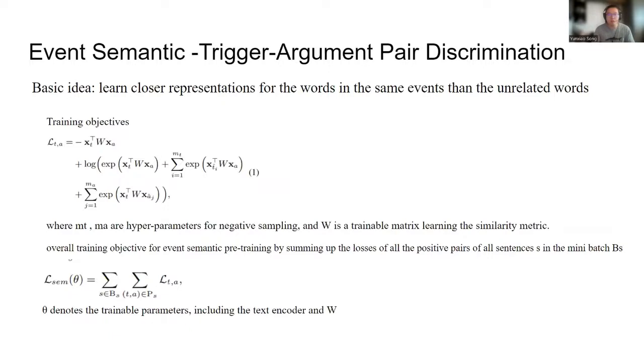W is our trainable weight matrix, and we use this training objective to learn the similarity matrix between words in the corpus events. At the end of it, we will have a text encoder and W for the trigger argument pair discrimination.